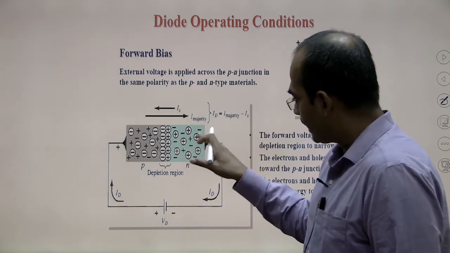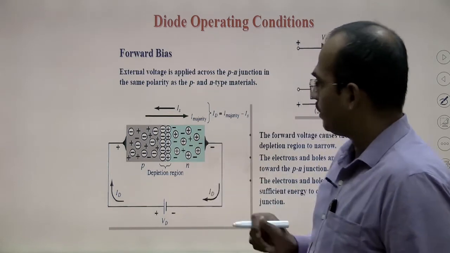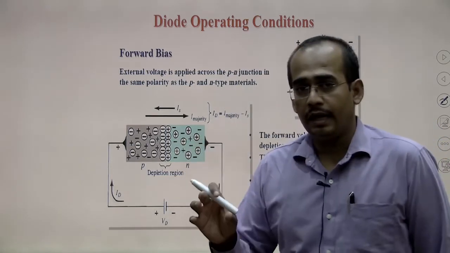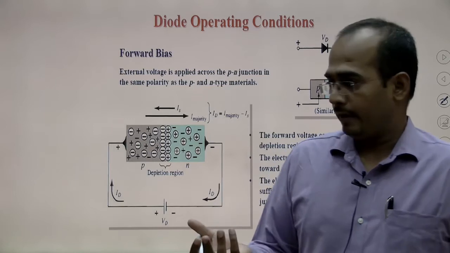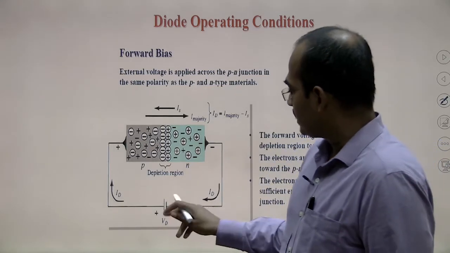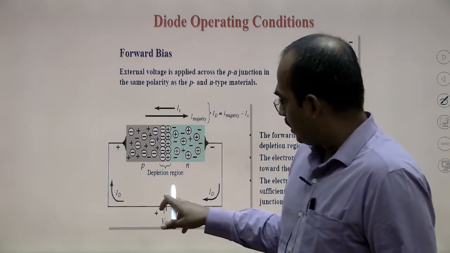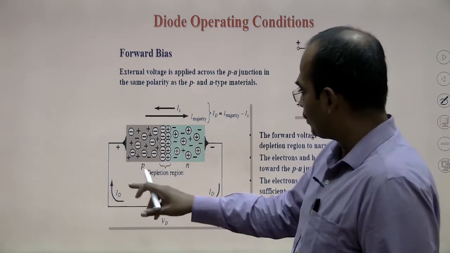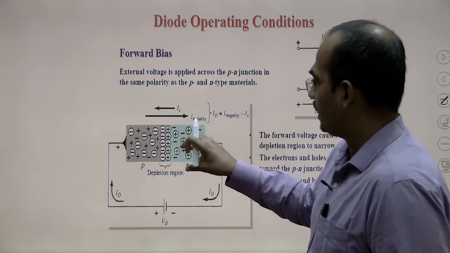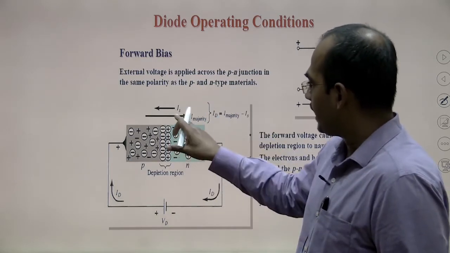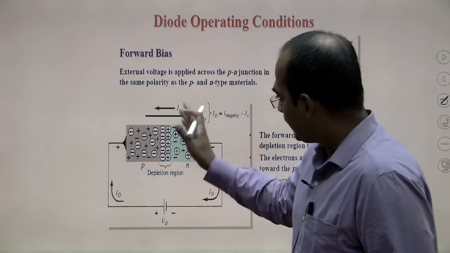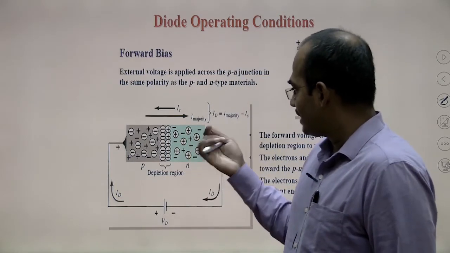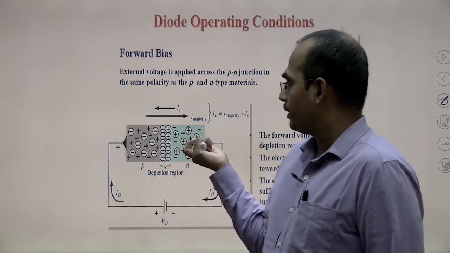The electrons pushed by the negative terminal of the battery will start converting the immobile ions into mobile ions. The same will happen here: the holes, the majority charge carriers, pushed towards the p side of the p-n junction diode will start converting the immobile ions depleted at the junction into mobile ions. As a result, the width of the depletion layer will reduce.